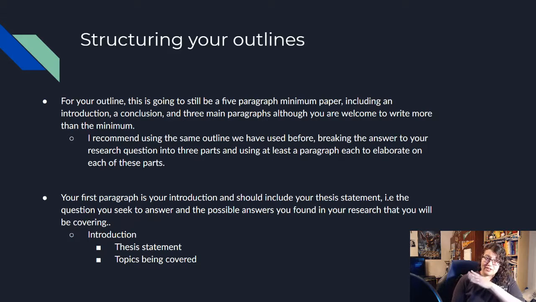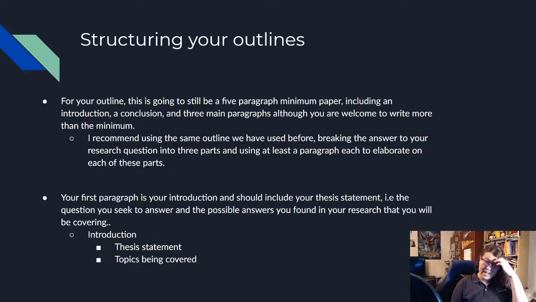Although, as always, you're welcome to write more than the minimum if you feel as though your paper would be better served by having multiple paragraphs talking about one point in your thesis. Please go ahead and have more than 5 paragraphs in your paper. Regardless, you still have to have that 5-paragraph minimum, the introduction, the conclusion, and 3 main paragraphs.